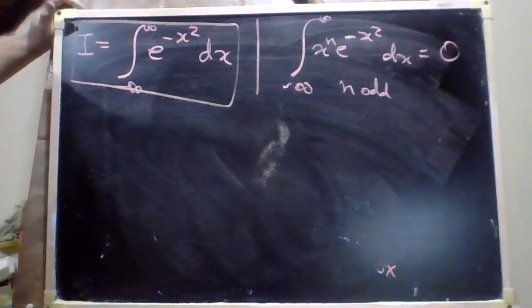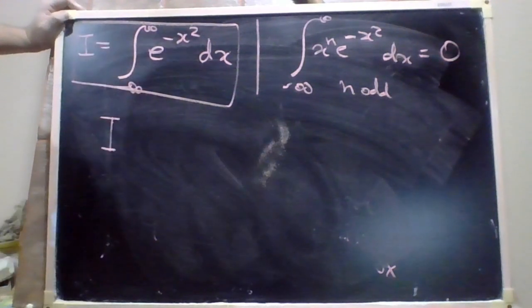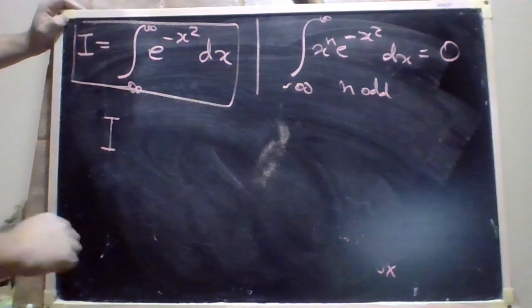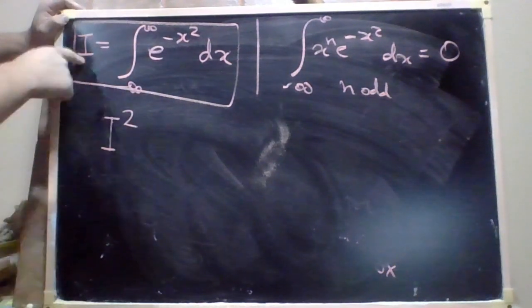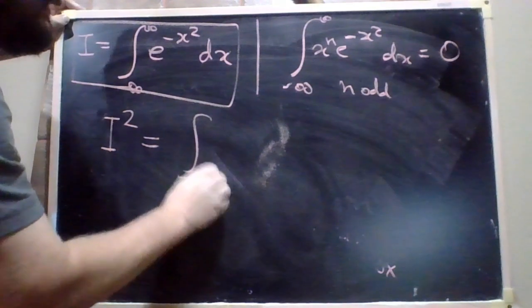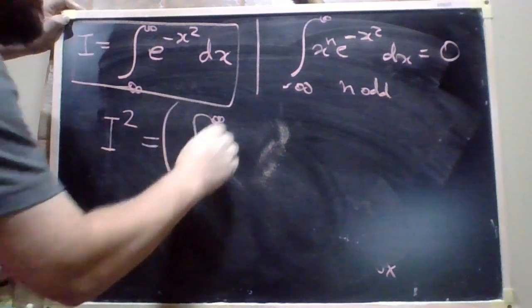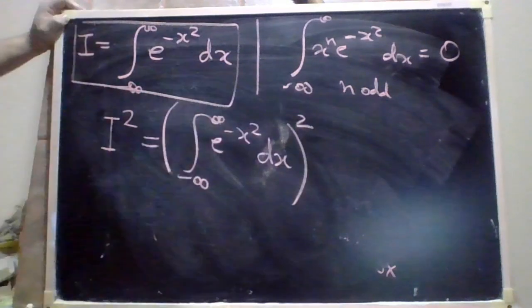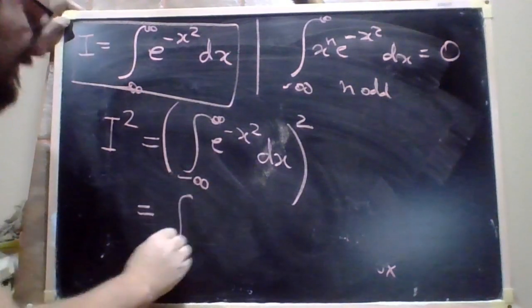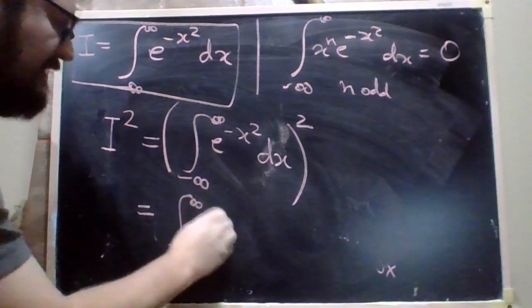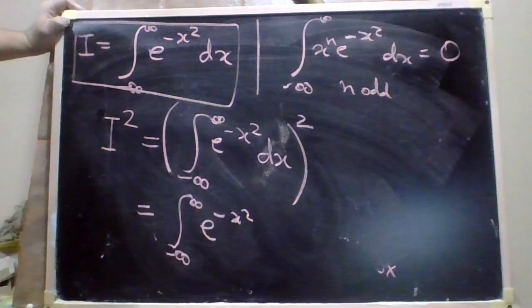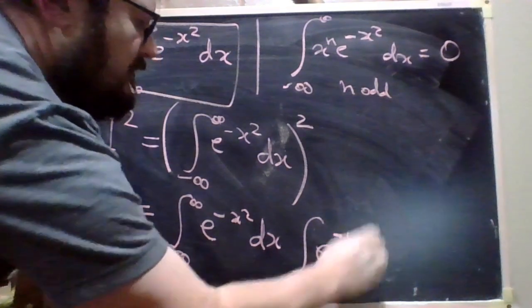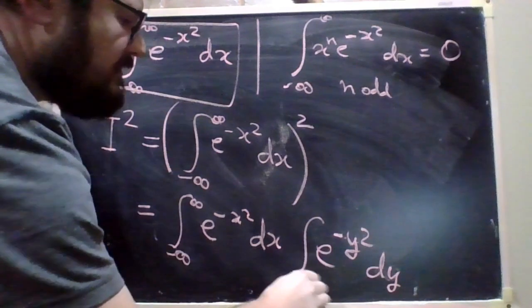I don't know if it was Gauss who did it first, but the guy who did it was a very smart person. He thought about squaring this integral. The integral of e to the minus x squared dx is a numerical value, squared. But since the squared integral is the integral multiplied by itself, you can change the symbol to y squared dy from minus infinity to infinity.